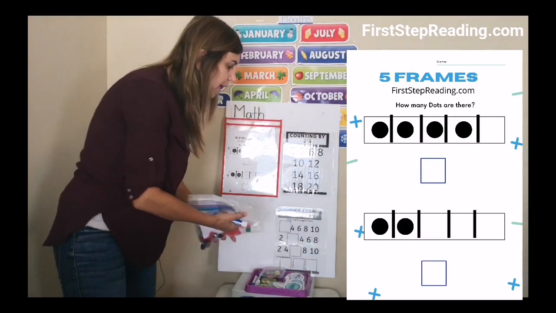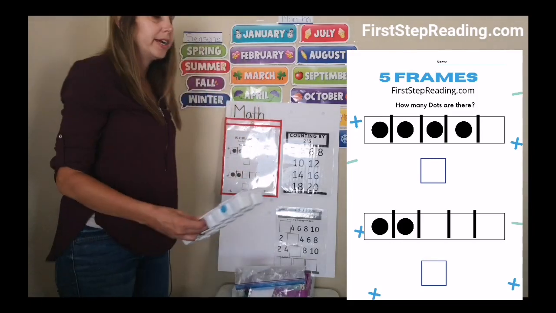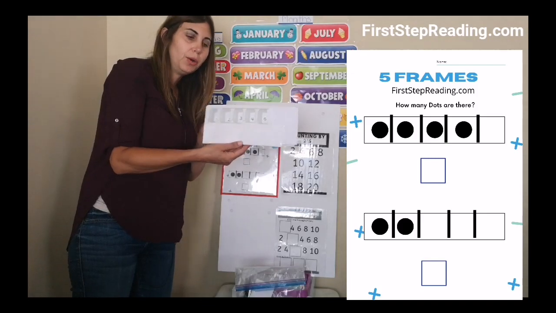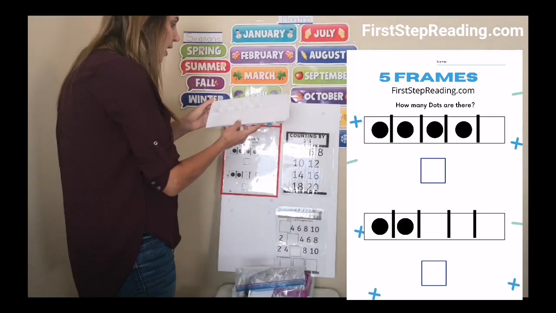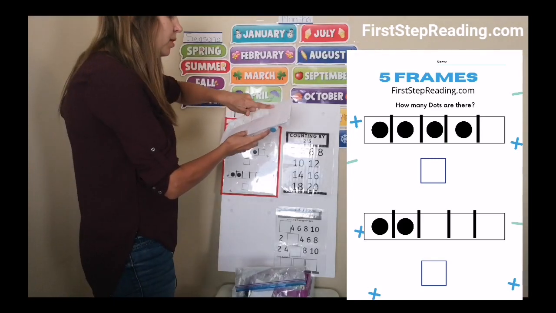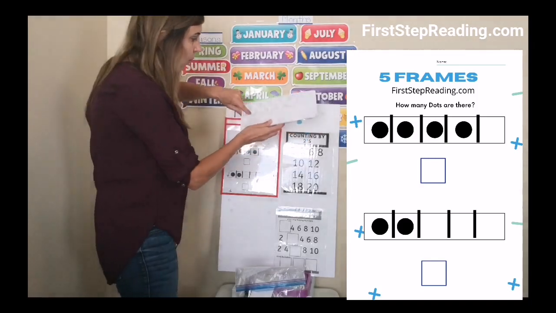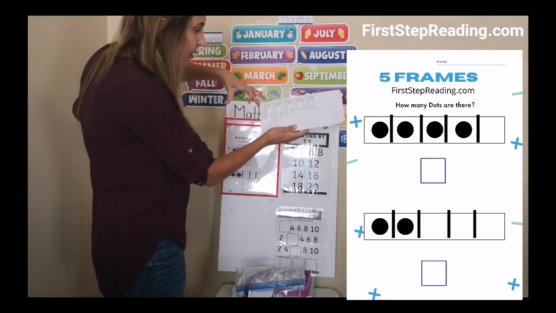So for math, we are talking about 5 frames. So you can make your own 5 frame at home. This is an ice tray, and I covered up all the extra holes except for 1, 2, 3, 4, 5.